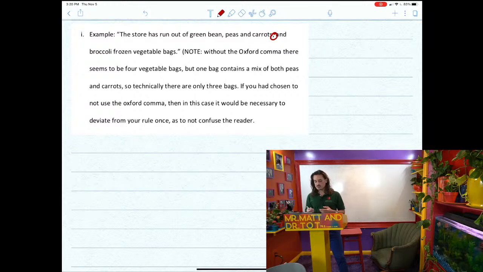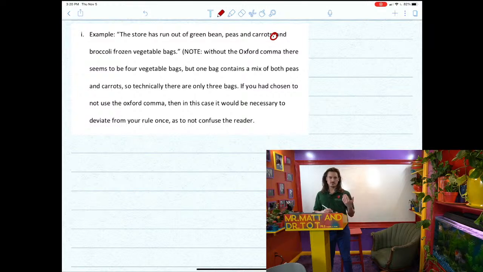So in a scenario like this, not using the Oxford comma would cause confusion to the reader, or there would be an ambiguity, something that would be unclear to them. So if you were choosing not to use the Oxford comma as a writer, and you were writing this sentence in this one scenario, it would be appropriate to use it and then not use it again.